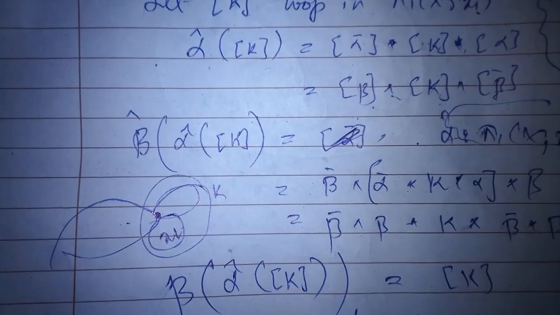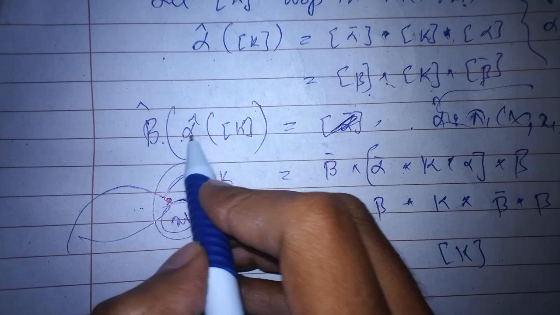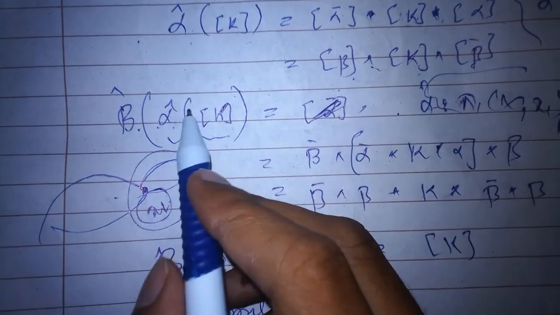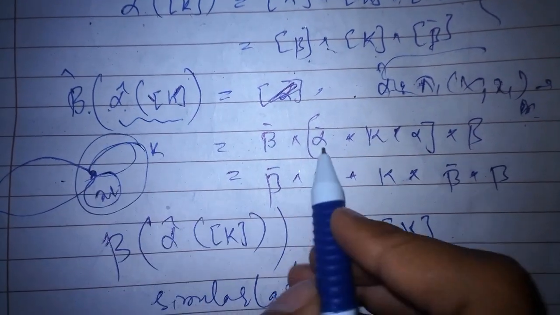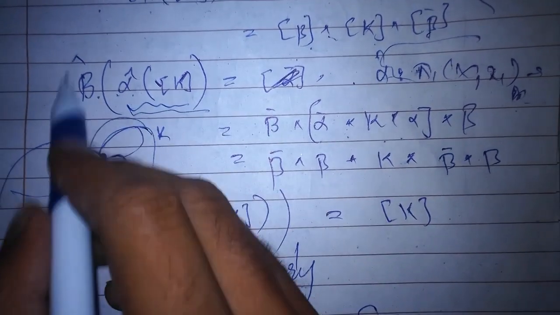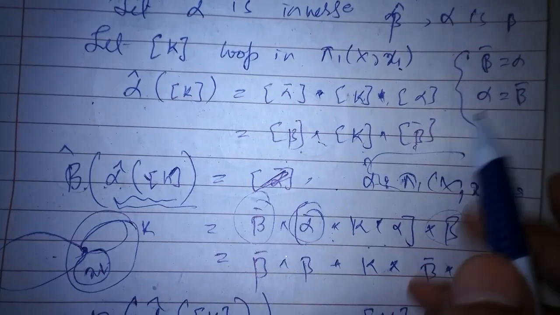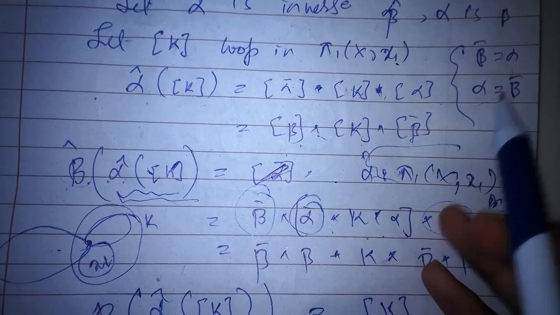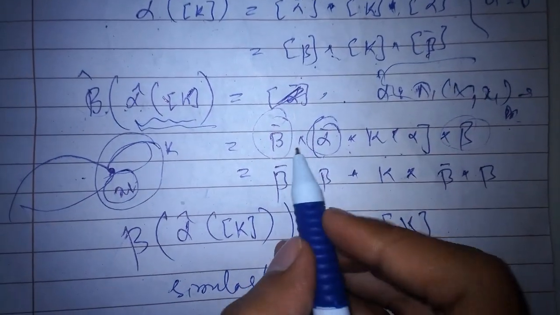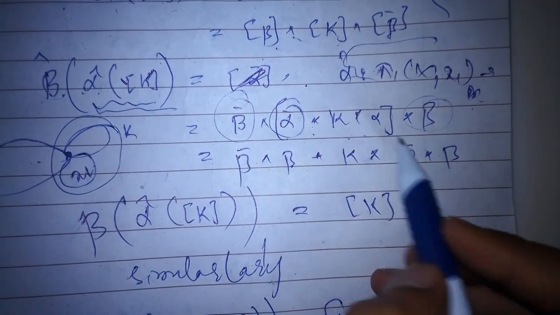So if we substitute the condition of inverse, the composition of beta bar compose alpha bar, then substitute k. According to this condition, alpha bar concatenation k concatenation alpha, and according to this condition beta bar, then beta. Then we will replace alpha bar with beta, and alpha with beta bar.